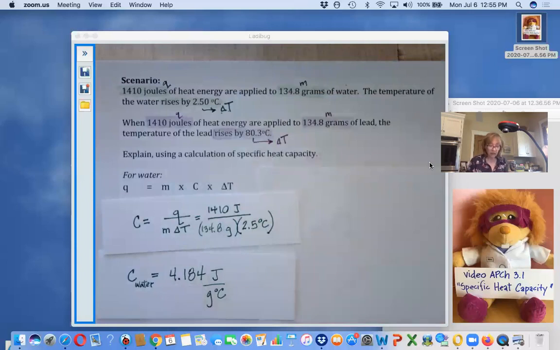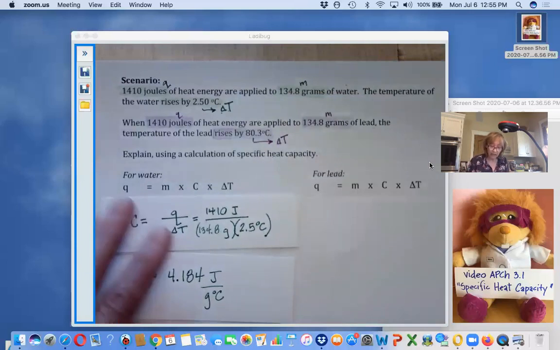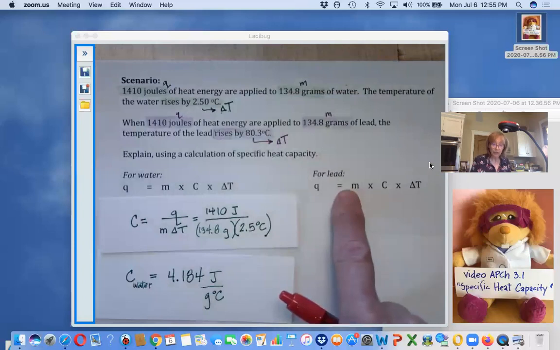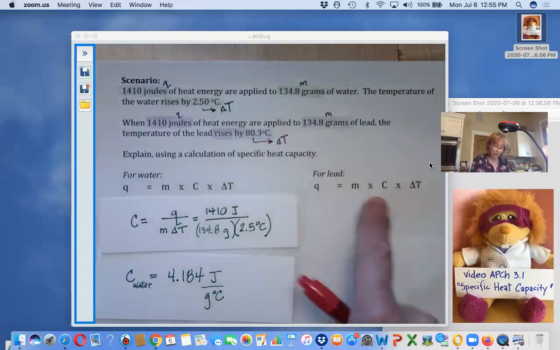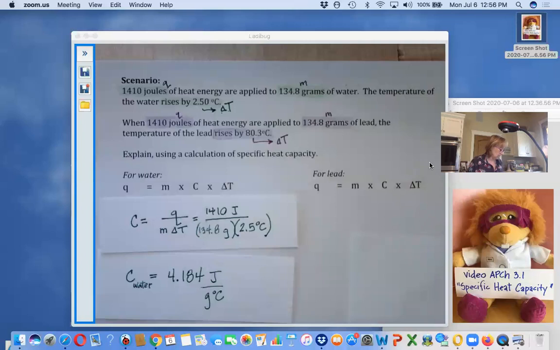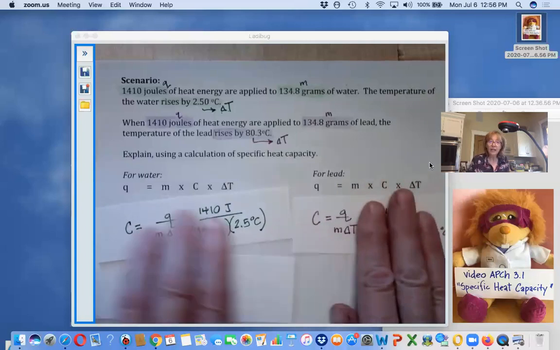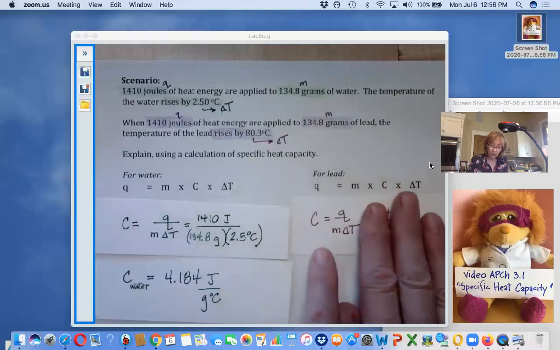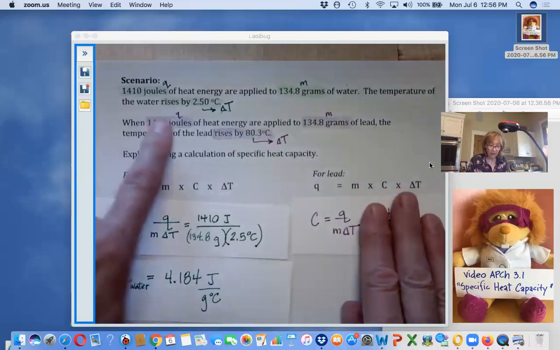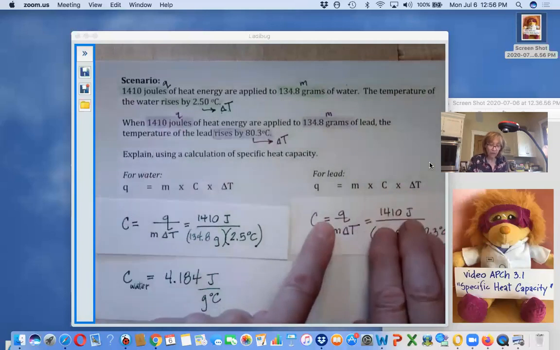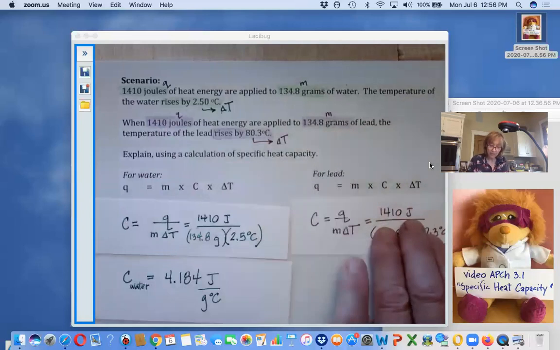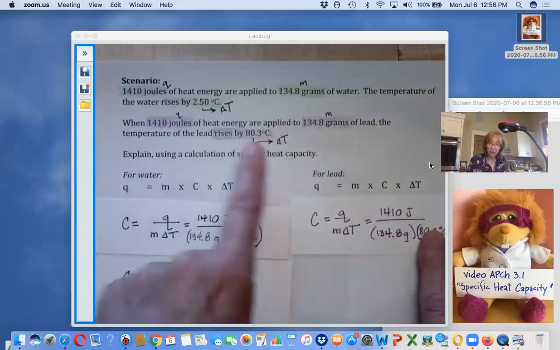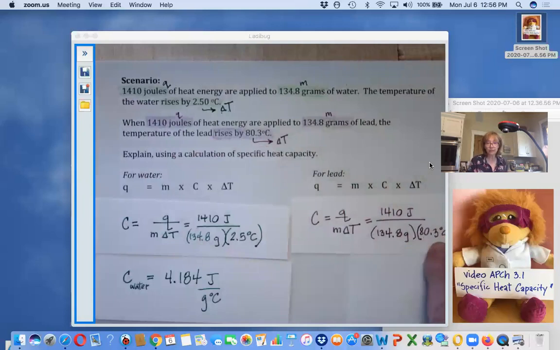Now, let's do the same thing for lead. Here's the mCΔT equation. We're going to solve for c. So same equation here, and now we're going to substitute in the same Q, the same m, but the temperature change is different.